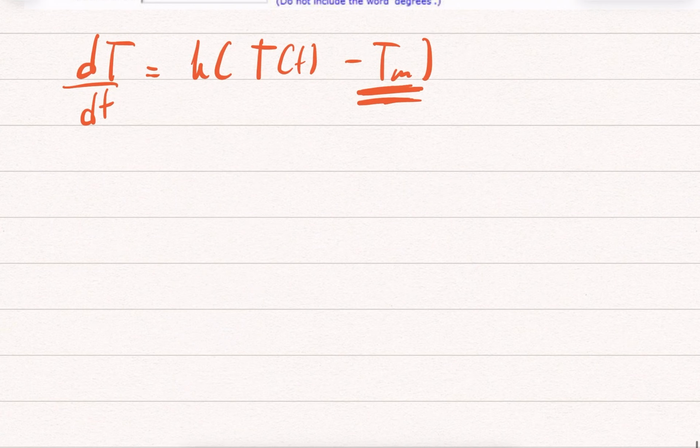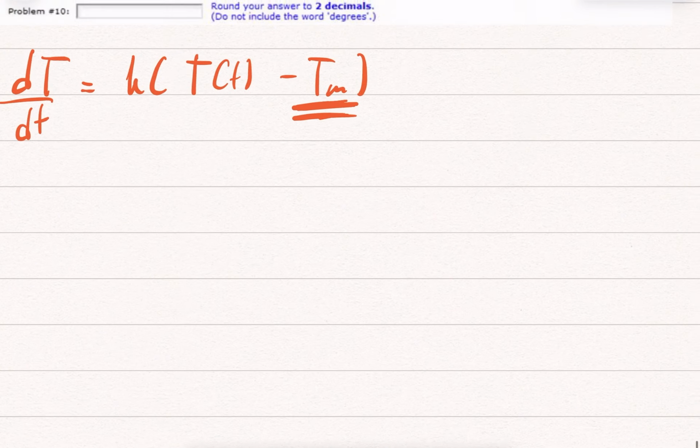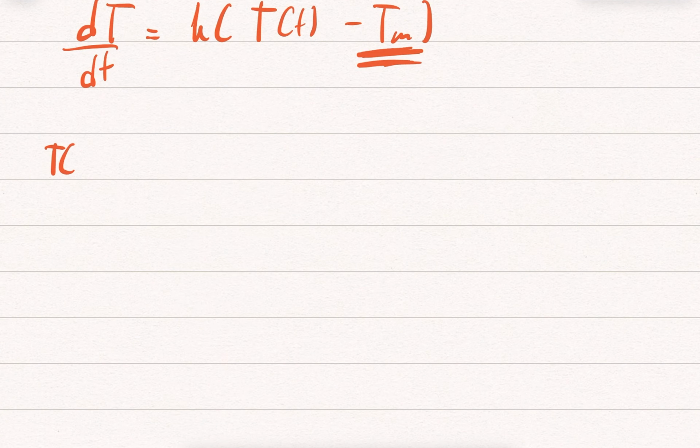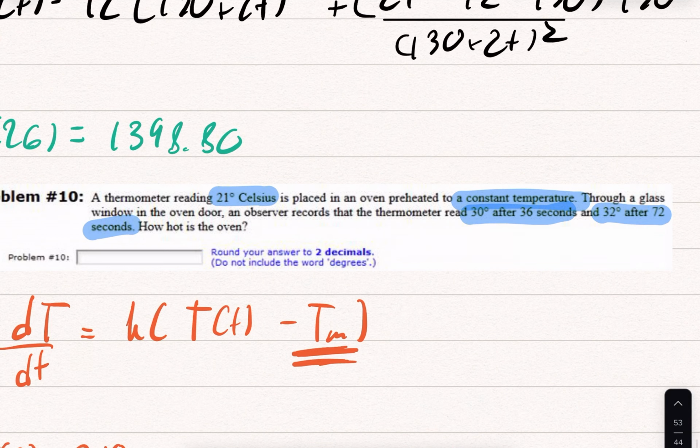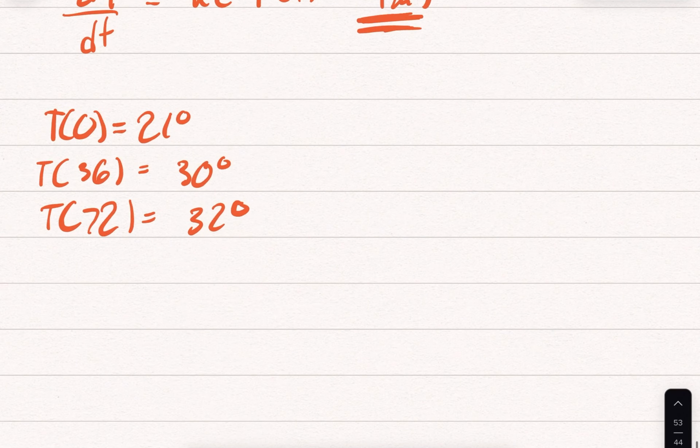This is what's important to us. We are solving for Tm. And we know that T at 0 equals 21 degrees, T at 36 equals 30 degrees, and T at 72 equals 32 degrees.